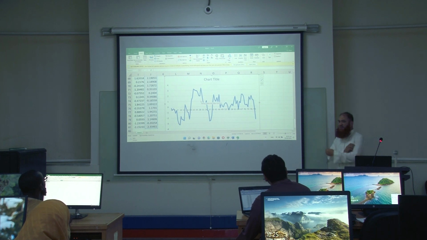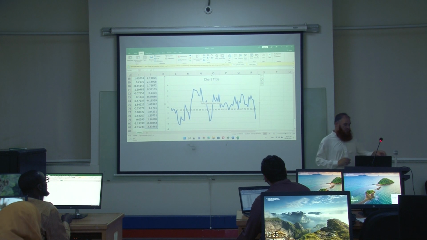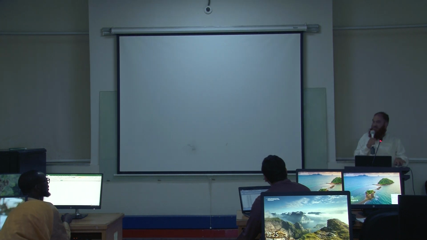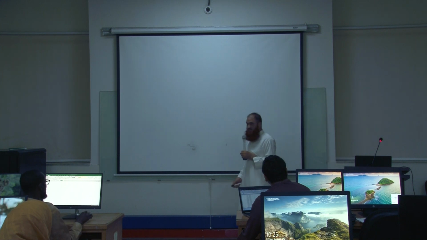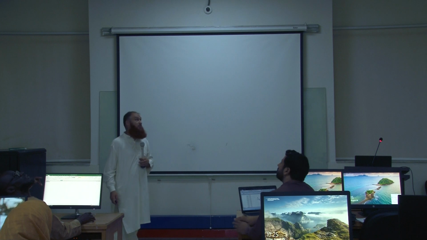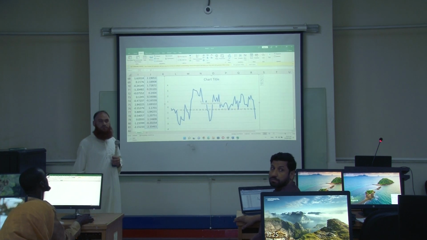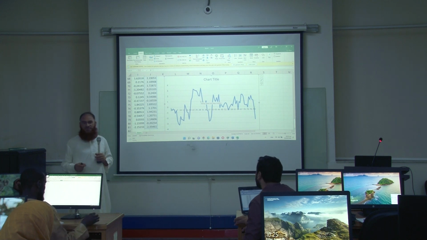This is your graph, and what is the difference between this graph and the previous graph? Basically you can see a very strong pattern in this. Where is the pattern?